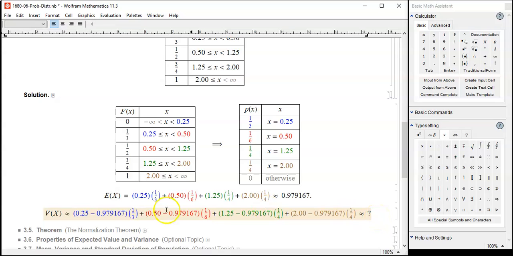Oh yes, I am missing something important. I just did a deviation. I did deviation squared times the probability. Deviation squared. I need squared.